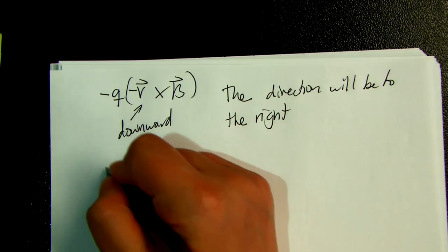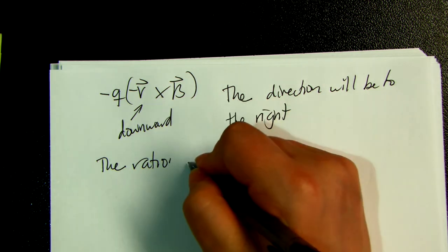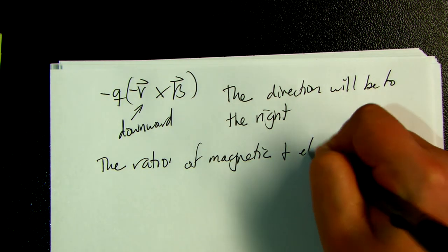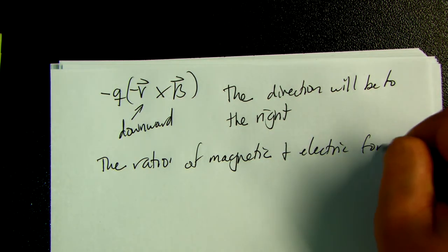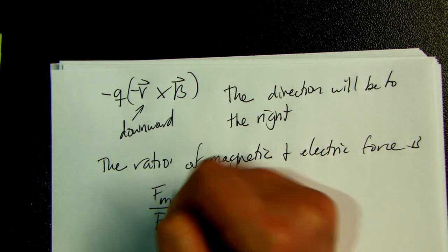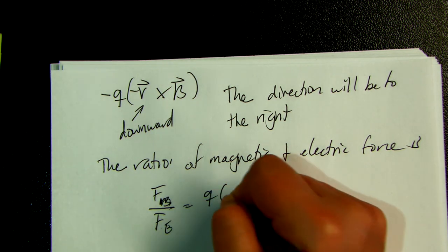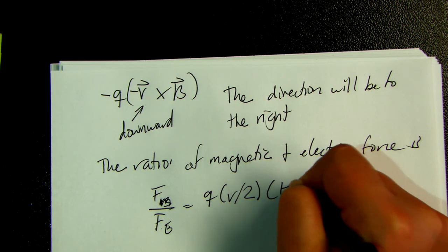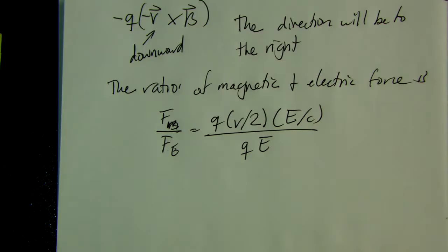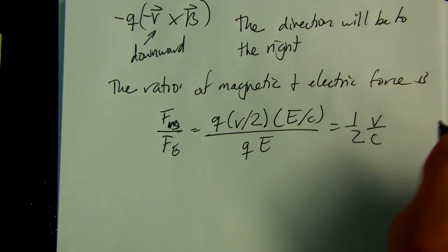And the ratio of magnetic and electric force is QV over 2, E over C, over QE, which is equal to 1/2 V over C.